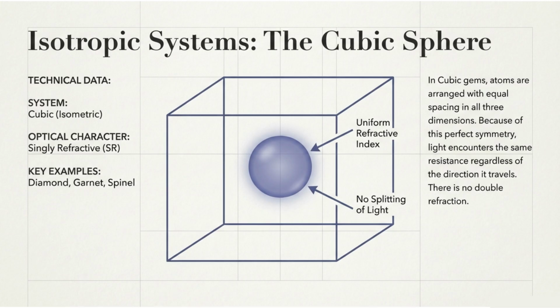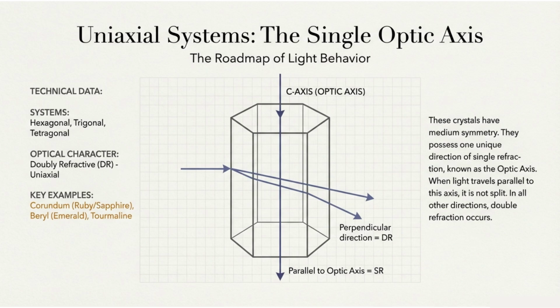Polariscope tests show the stone stays dark during 360-degree rotation, ignoring strain. Great for simple optical behavior, but less exciting in terms of directional phenomena. Cubic gems are the introverts of optical mineralogy. Neat, consistent, and predictable.